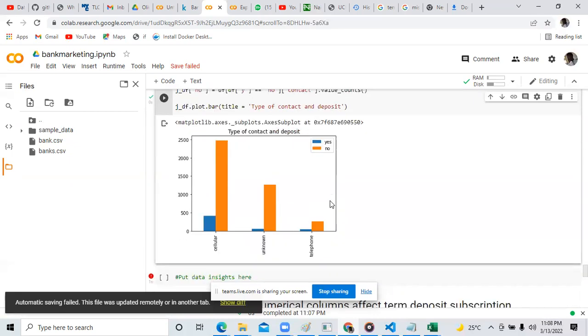And the people that we sent for telephone is actually smaller compared to the people we sent for landline. So I think a direct marketing effort to telephone and maybe a bit landline. I don't know. How about you? What do you think? Look at it again.